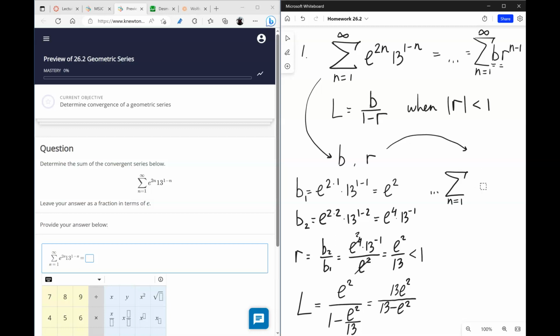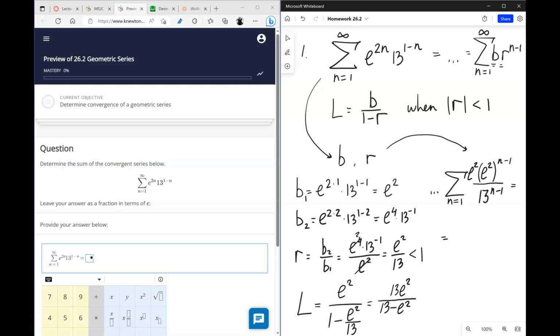If we want the exponent to be n minus 1, then we have to do this. We already have 13 to the power n minus 1, but we have e squared to the power n, and we can easily make it n minus 1. We just have to multiply by an extra e squared over here.